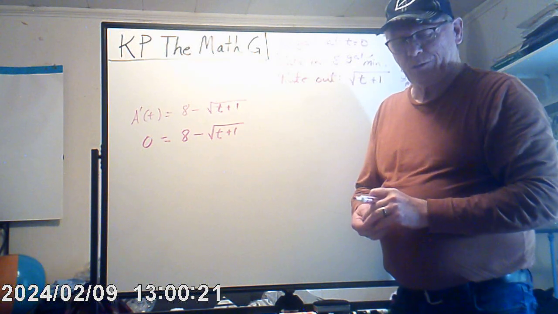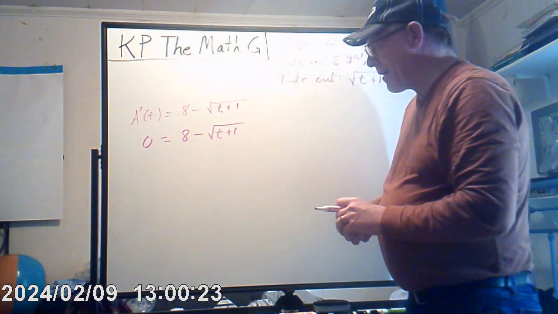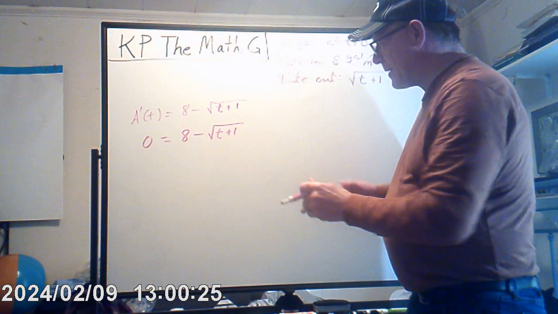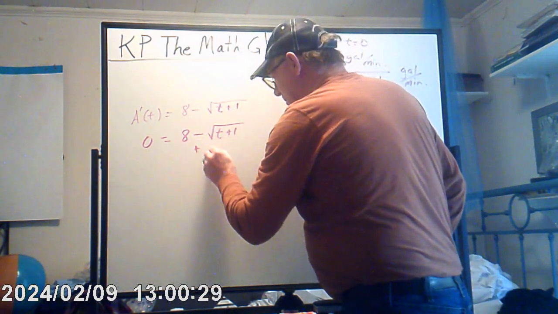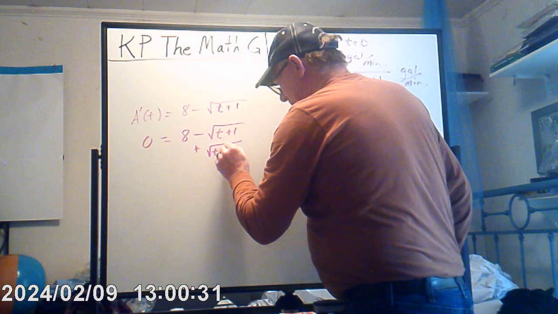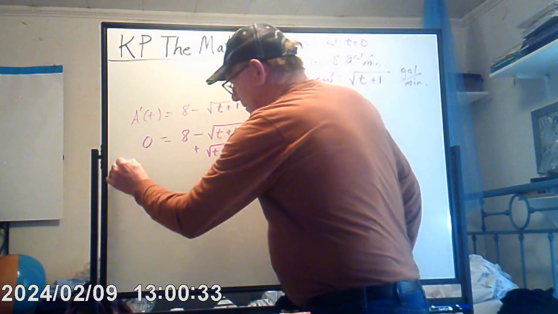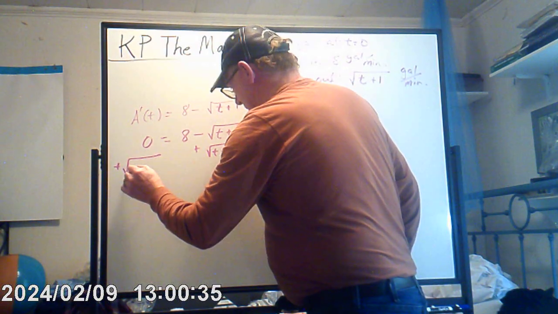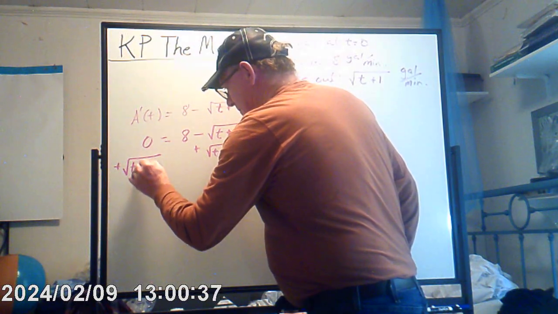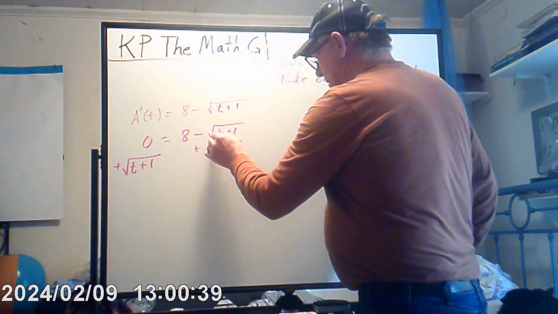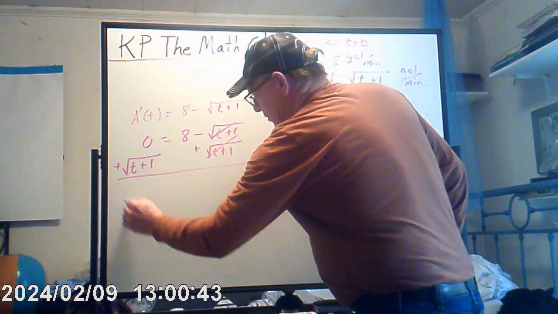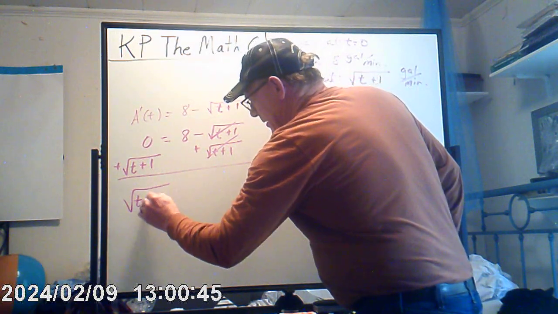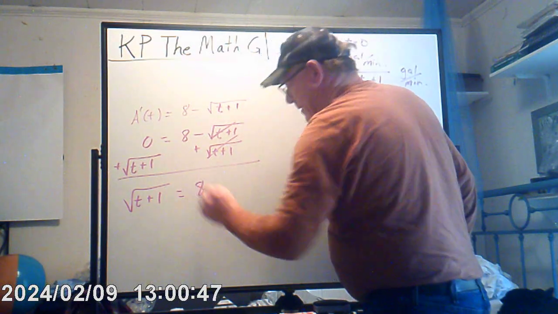That's what we're wanting there. Now let's move this to the other side. I don't like negatives, I don't think you do either. So we move this whole thing to one side, and we have the square root of t plus 1 equals 8.